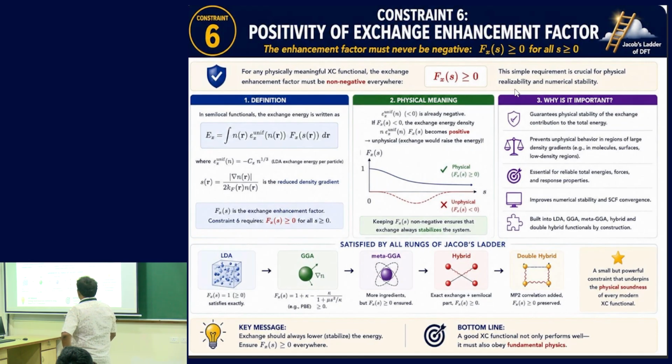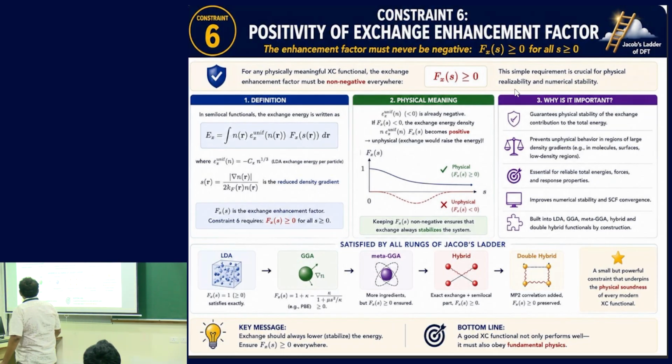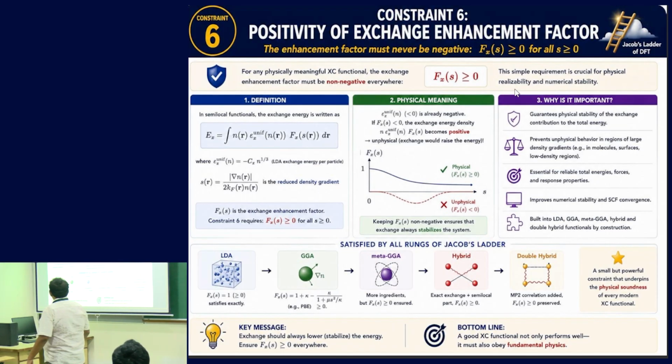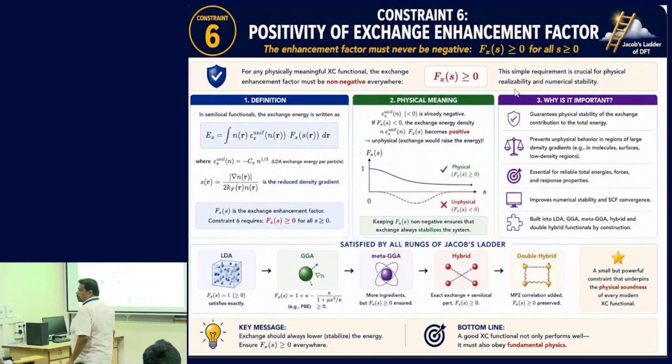This should be positive, and if it will be negative, then you look at here, your exchange is already negative, this uniform density exchange energy, and if it will also be negative, then that will become positive, and it will contradict the Lieb-Oxford bound. Simple thing. There are other strict conditions there.